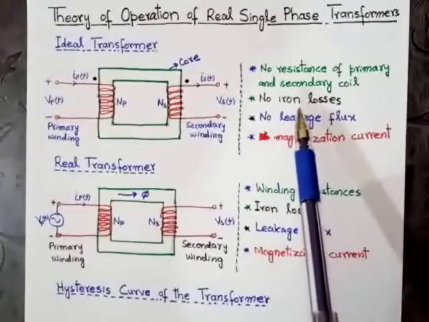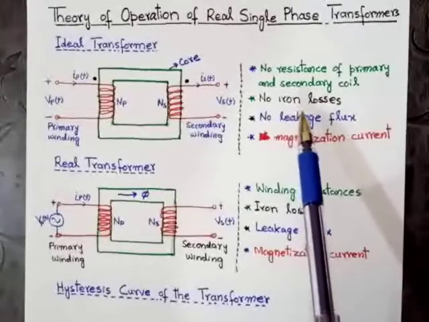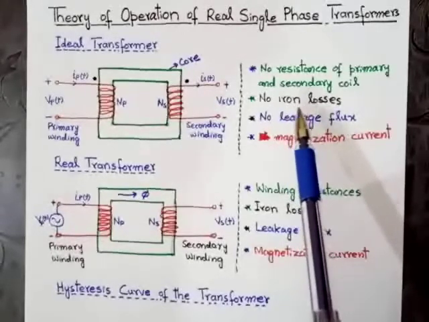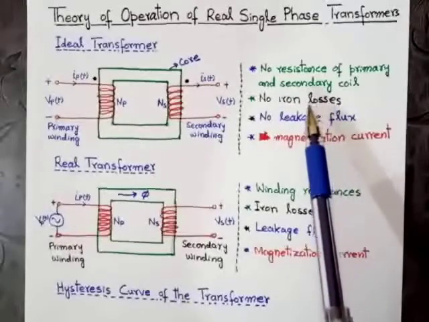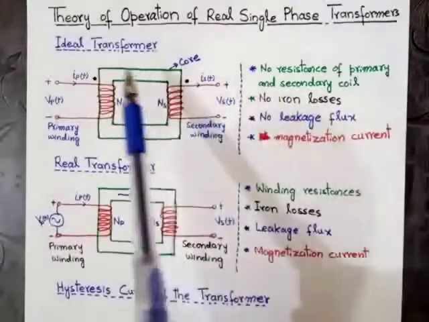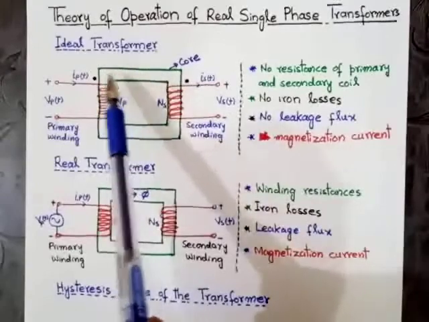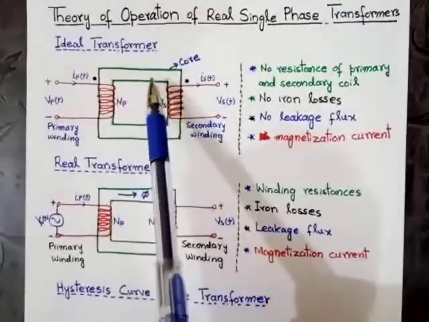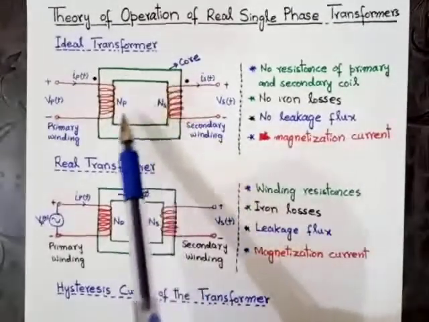As we know, iron or core losses are the combination of eddy current and hysteresis losses. In an ideal transformer, there will be no eddy current and hysteresis losses in the core.